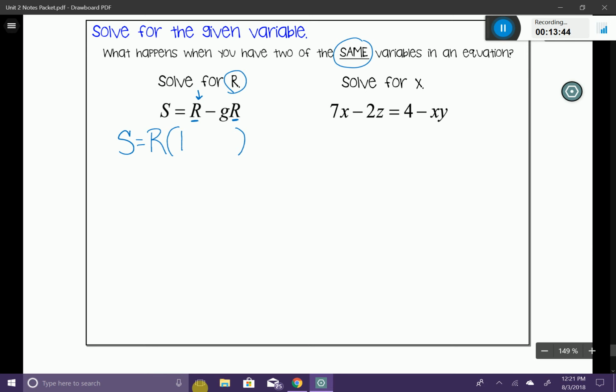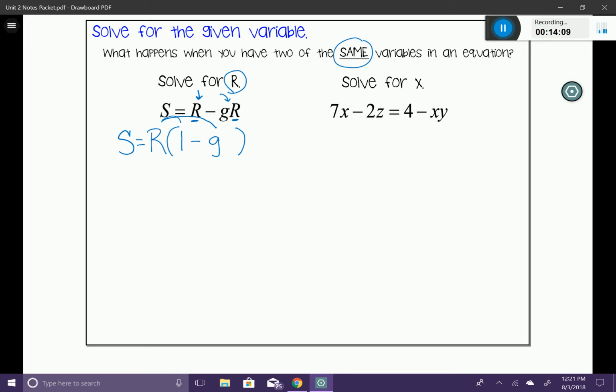If I were to distribute r into negative gr, that would leave me with negative g. What I mean by that is, go ahead and try to distribute that r now. r times 1, doesn't that give you the r? And then r times negative g, doesn't that give you the negative gr? I undistributed it, or factored it, to get me r by itself, or just 1r.